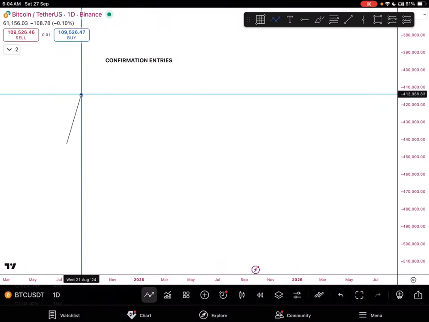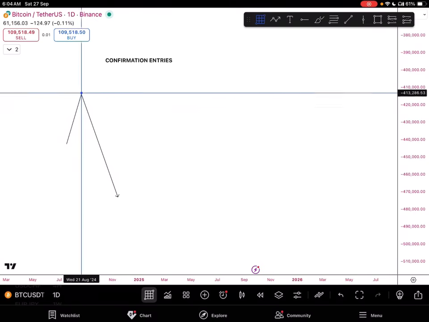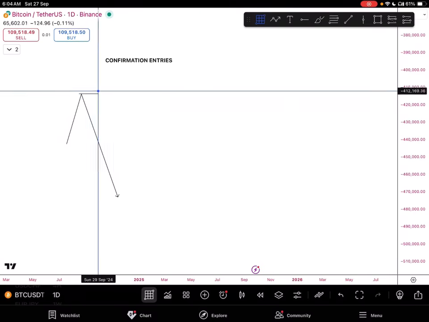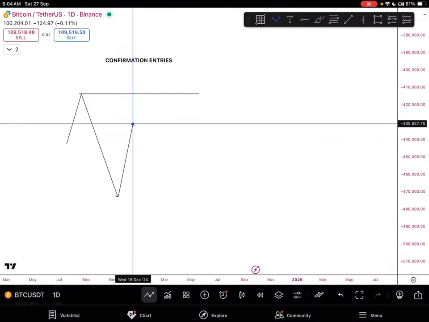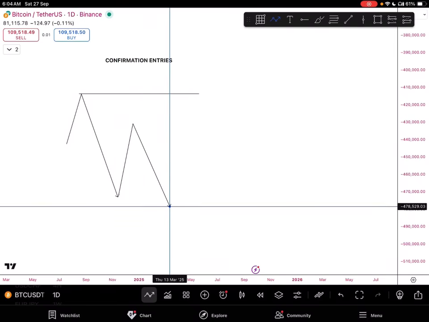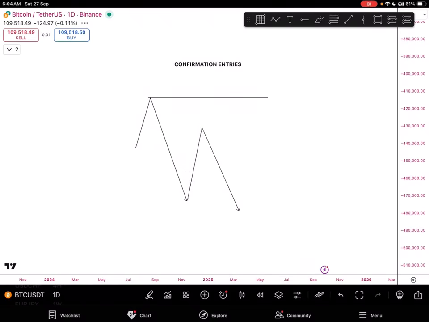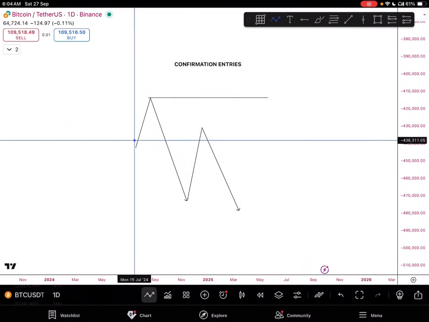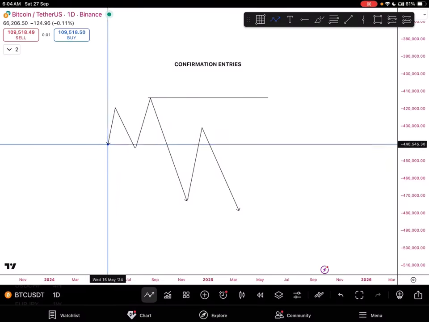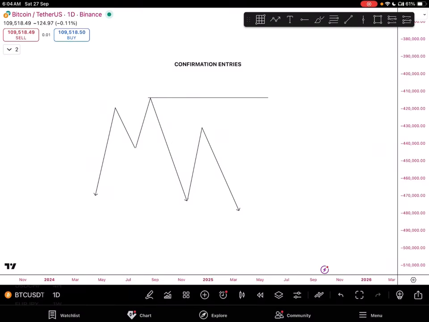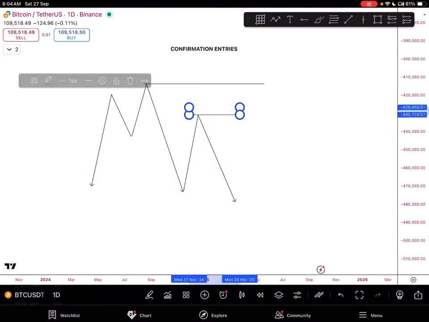Like when we have a liquidity like here, okay, we have many key levels. So this is internal range liquidity here.